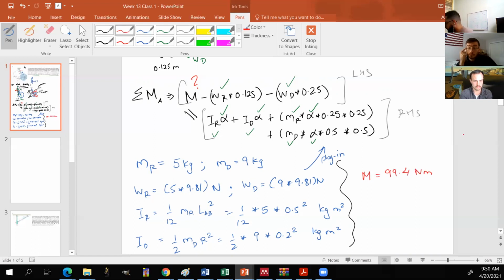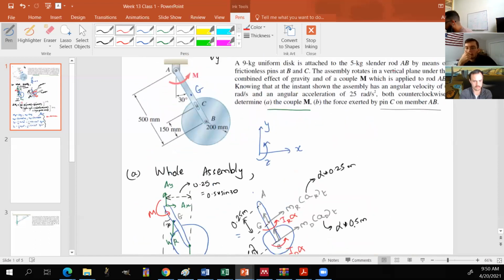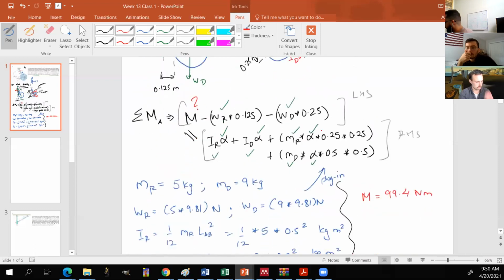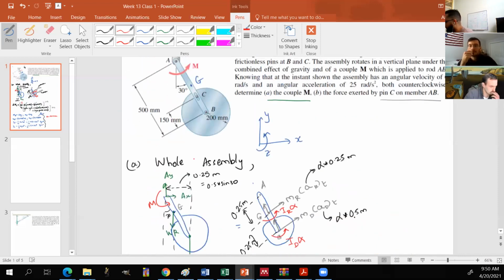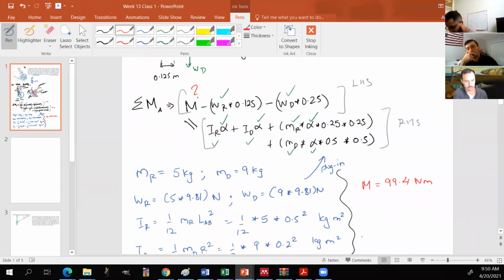But remember, the problem is asking for capital M, so it's asking you for the vector. You need to give it a direction. We assumed the moment is counterclockwise applied positive, and we got a positive answer. So the moment is 99.4 k hat newton meters. And that's your answer.